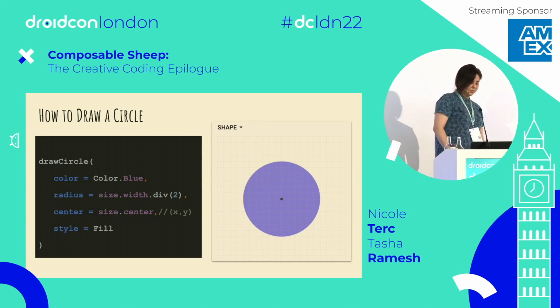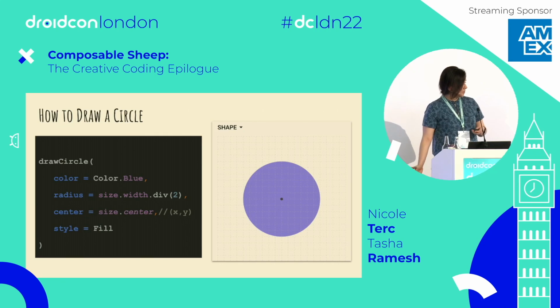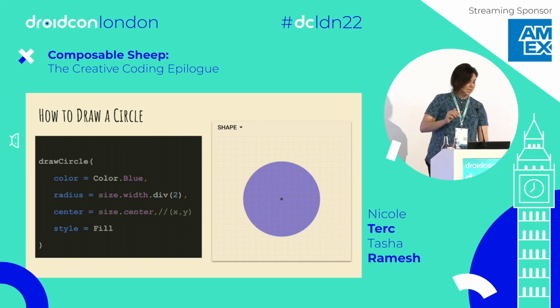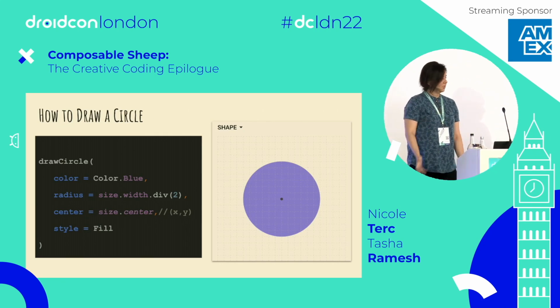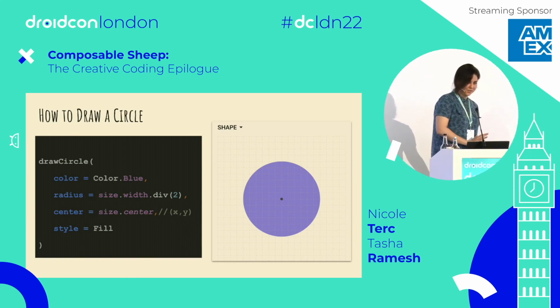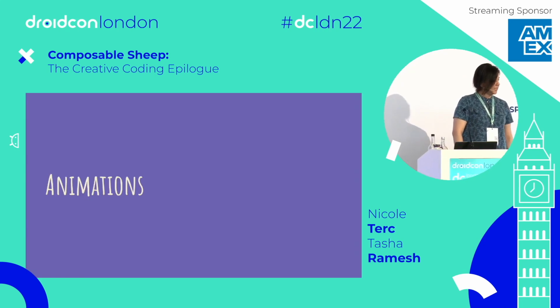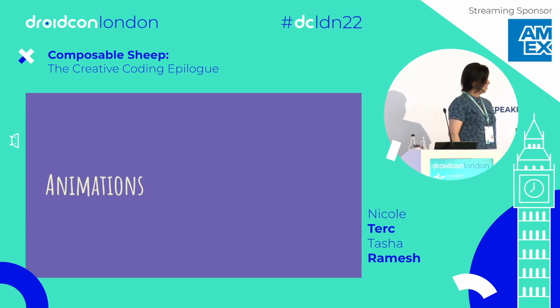You basically draw circle, you set a color, you set a radius, you pass a center in coordinates, x and y, and then you pass style. I hope this is not surprising to anybody. I hope everybody knows how to draw a circle. If not, there it is. Great. With canvas out of the way, let's jump into animations.